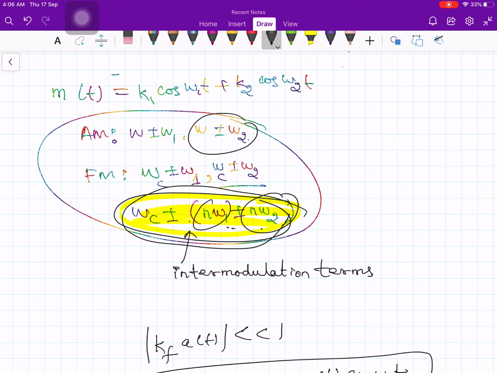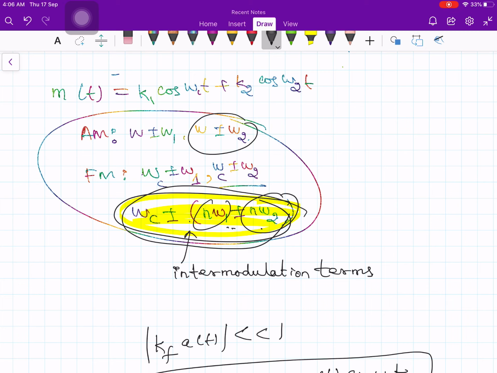Why did I put n here? Because I am multiplying your narrowband FM signal n times, since it is an nth law device that I am going to use. So in that case, your carrier frequency and frequency deviation will be multiplied by n times.